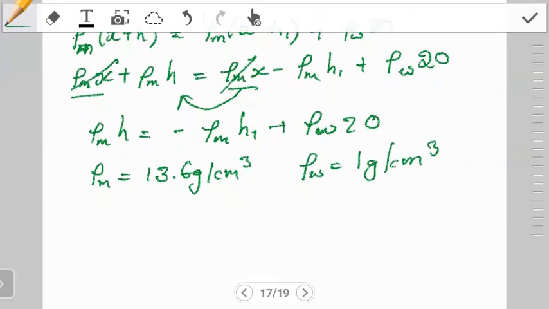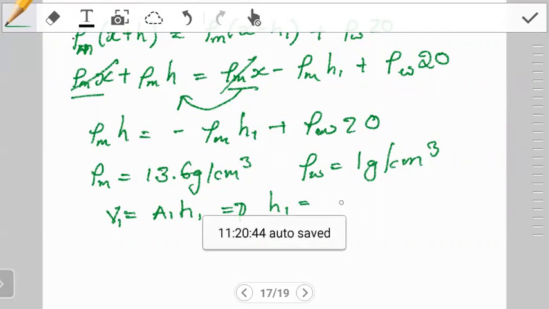How about that H1? We don't know what H1 is, but using our earlier relationship, volume can be written in terms of area: if this is V1, then this becomes area A1 times H1, implying that H1 can be expressed in terms of the respective volume and cross-sectional area.